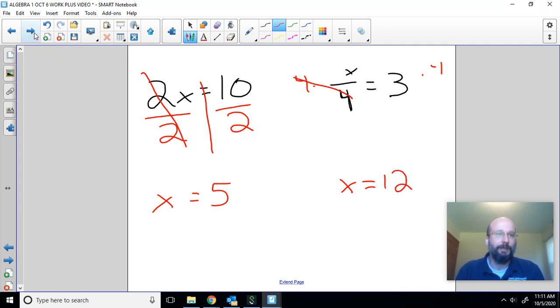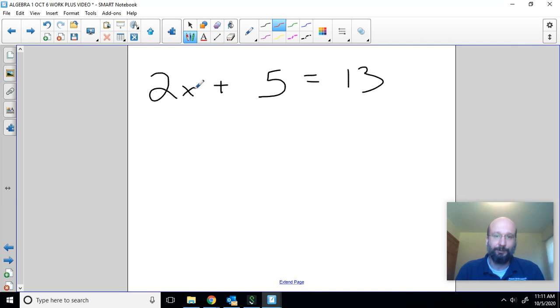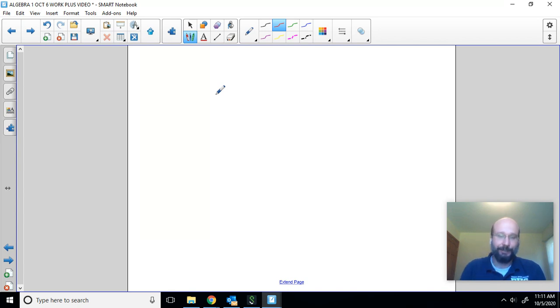Again, I'll review. The thing to remember with a two-step equation is that you want to do the opposite of PEMDAS. So instead of doing the groups, parentheses, exponents, multiplication, division, addition, and subtraction, you want to do the opposite. It's confusing to think of it that way.